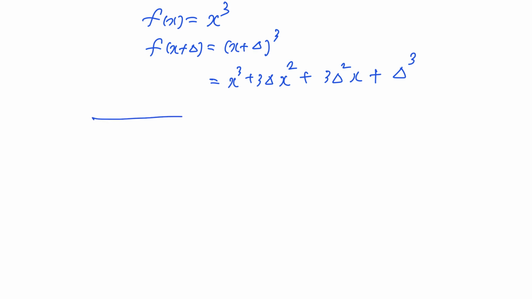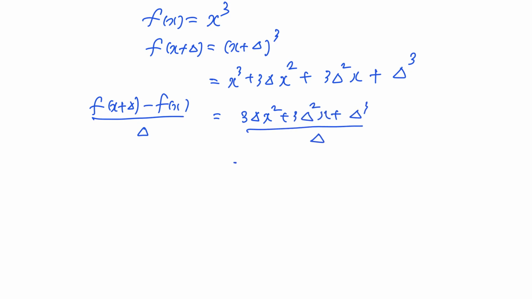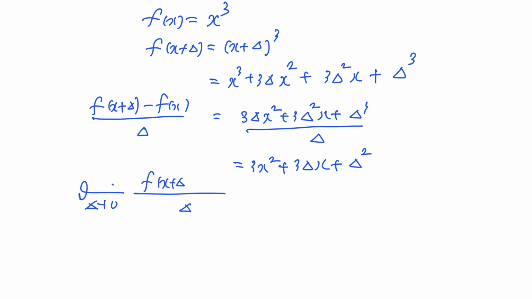So if we divide by delta, f(x plus delta) minus f(x) over delta is 3x squared plus 3 delta x plus delta squared. So if you take the limit as delta goes to 0, three x squared, right?